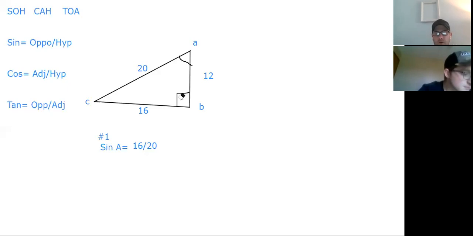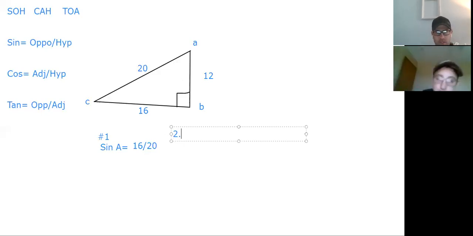What's the next one? Tan C. So number 2 is the tan C equals what? Well, look at tangent over here. Opposite over adjacent. Let's first identify our angle. So it's going to be this angle right here.